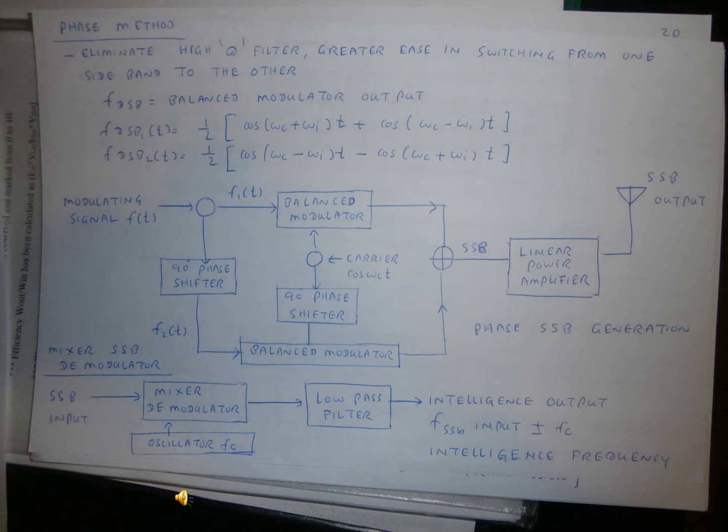Now f_DSB1 is half multiplied by cos(ωc + ωi)t plus cos(ωc − ωi)t, and f_DSB2 is half multiplied by cos(ωc − ωi)t minus cos(ωc + ωi)t.